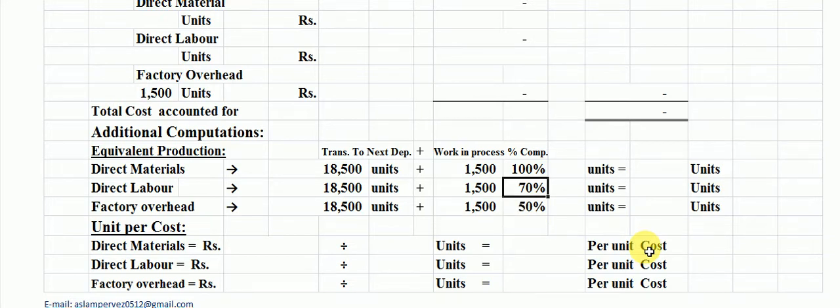Now students, we have to find the completion in units of work in process. Now we have to multiply this figure with the degree of completion percentage here. This is the 1,500.